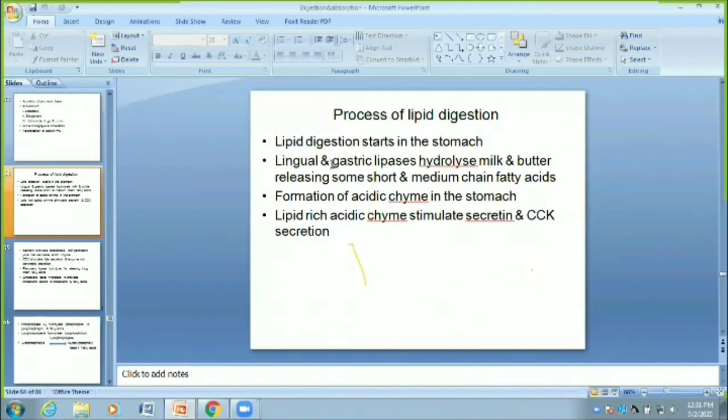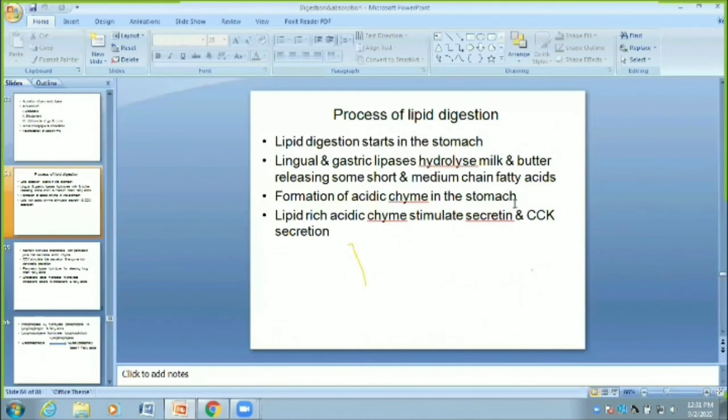And gastric lipase is secreted from the stomach. They are responsible for 10 to 20% of lipid digestion. Very little, but though less, very significant in babies and infants, because they cannot take beef or meat by mouth.